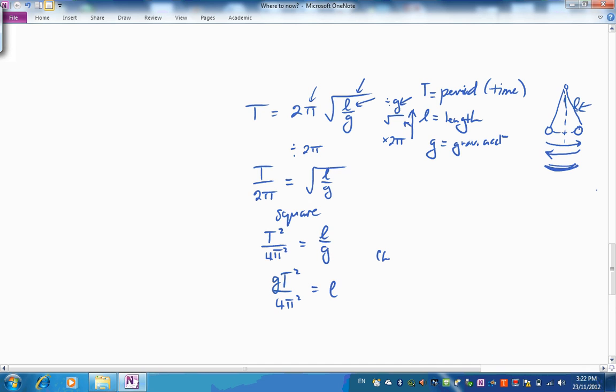Let's just check over here. If I multiplied L on G by G, yes, it cancels. So now, what have I got? Well, if I wanted to make the pendulum period smaller, like it's going to swing back and forward faster, I could put the value in there and work out what length of pendulum I needed to make the period larger or smaller.